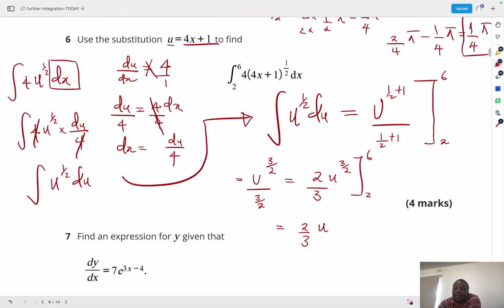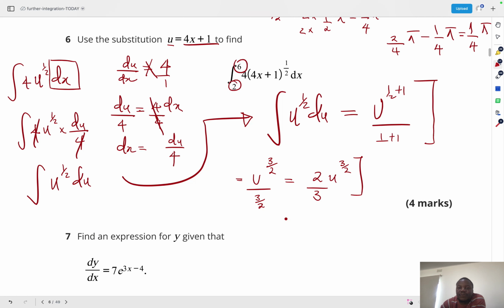Now before we go anywhere with these limits, guys, sorry, that was my mistake on the limits. Remember that the u function is given as 4x plus 1. So we must convert the limits and write them in terms of u.